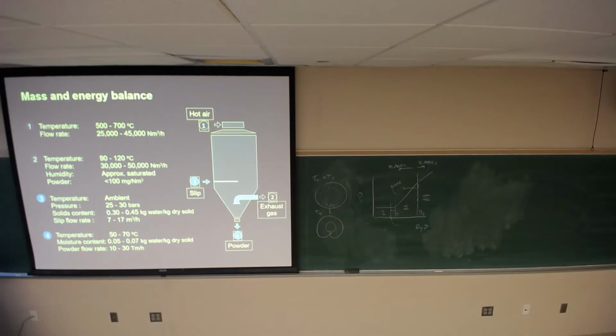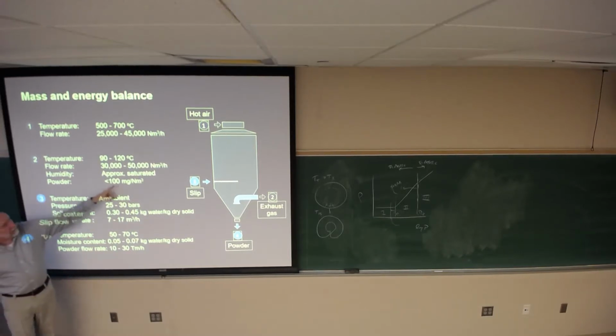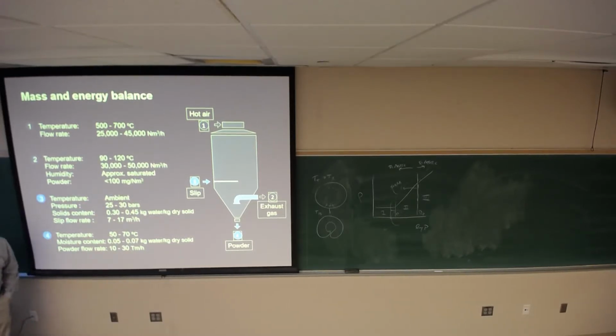So we're talking about out number 2, exhaust, powder less than 100 milligrams per cubic meter. The N here is normal, so normal cubic meter. So that's the amount of air that's exhausting through the system, and that air is essentially saturated with moisture.